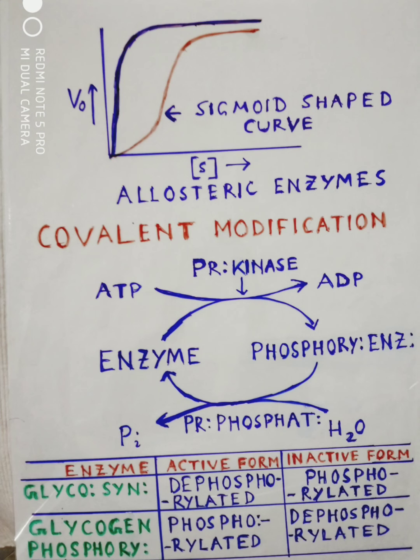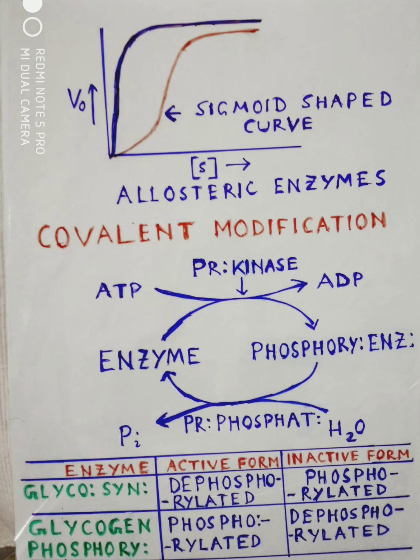Second one, covalent regulation of enzyme. Some enzymes are regulated by reversible covalent modification, most frequently by addition of phosphate groups, that is phosphorylation, or removal of phosphate groups, dephosphorylation, from specific serine, threonine, or tyrosine residues of the enzyme, as shown in the lower part of the picture.